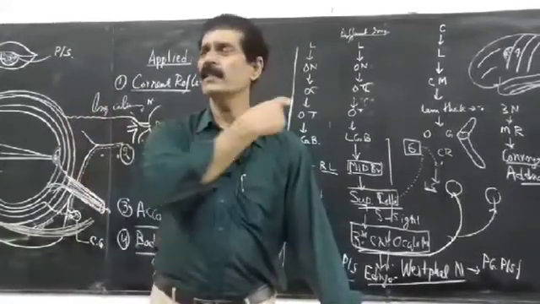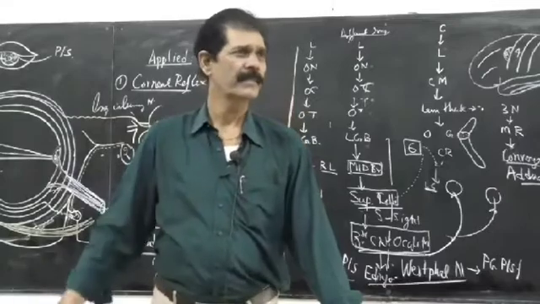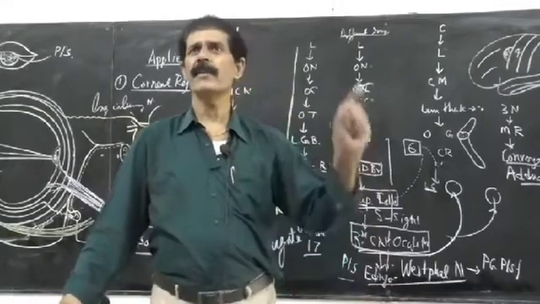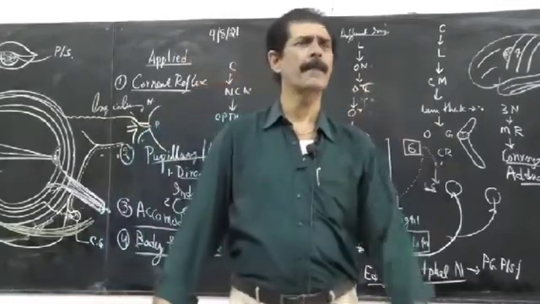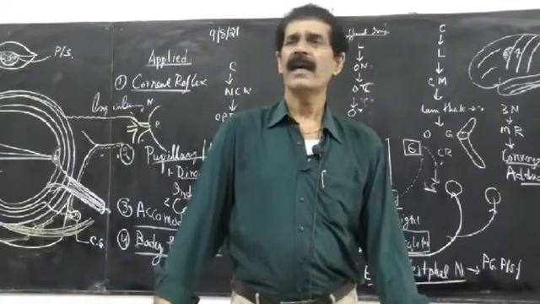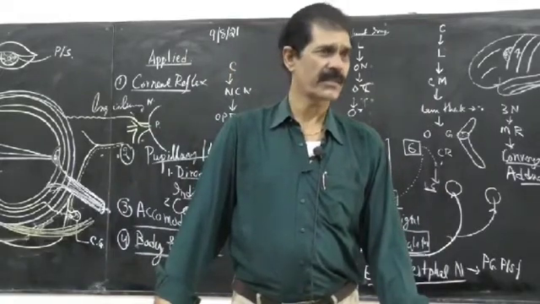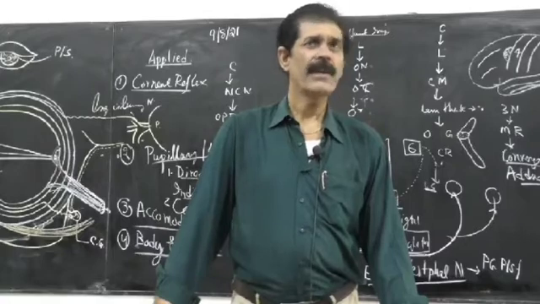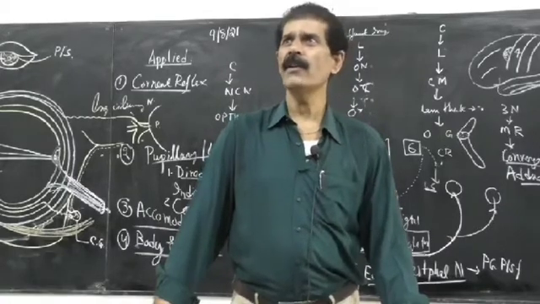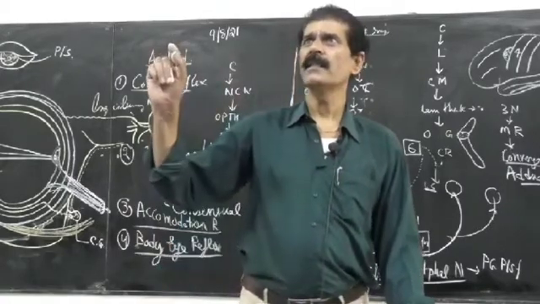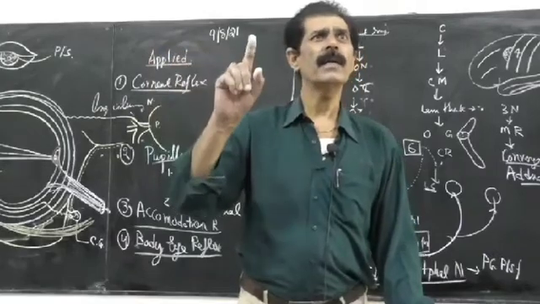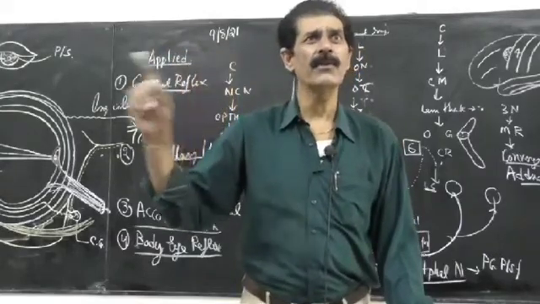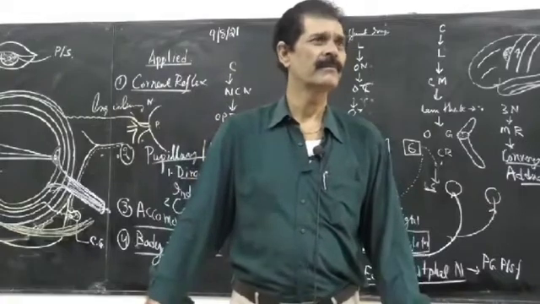So out of these three, this is the corticonuclear fibers. Cortico means they start from the cortex or the gray matter of the cerebrum, other than the precentral gyrus. And nuclear, what is the meaning of the word nuclear? Corticonuclear means they end in the motor cranial nerve nuclei. That is the meaning of corticonuclear.